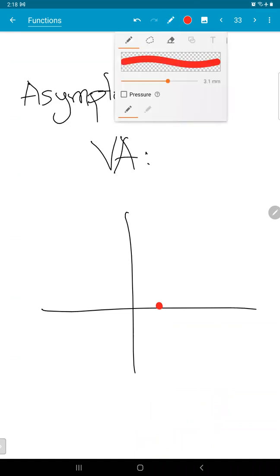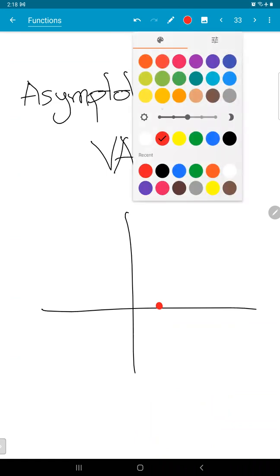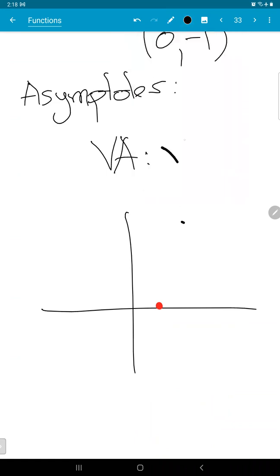I'm thinking too fast. I edit myself. So it should be y equals 1. Oh, sorry, what's happening to me? Wait. x equals 1, right? So if x equals 1, the x coordinate is 1, (1, 0).